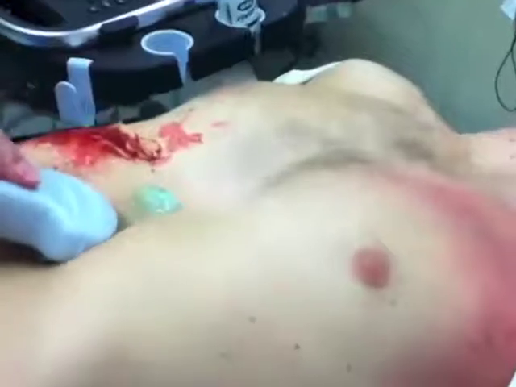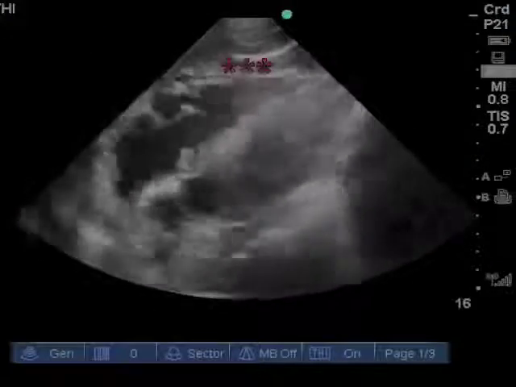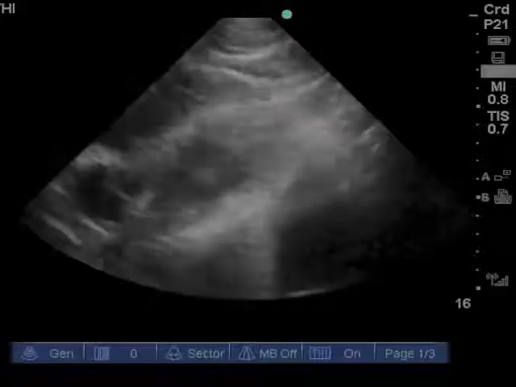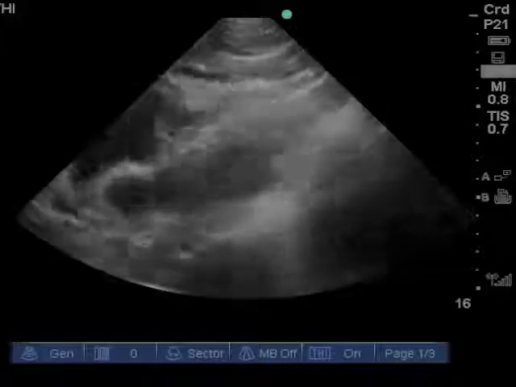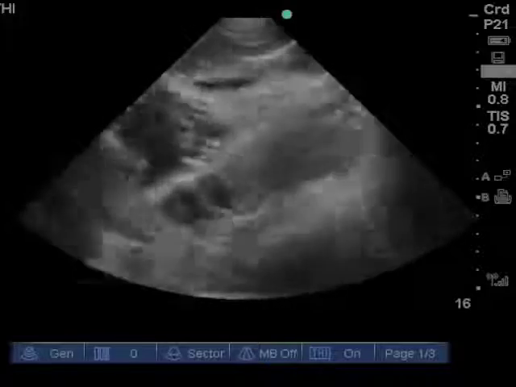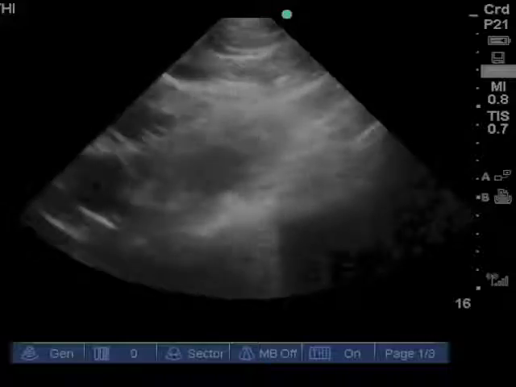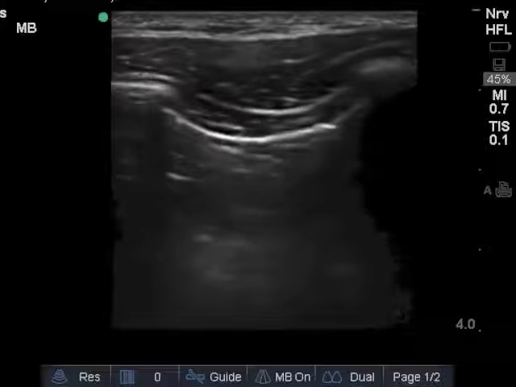Cardiac. There's a small stripe of black around the anterior edge of the heart. That's a pericardial effusion, probably hemopericardium. And I can see that his heart is working hard. To the right chest. Good lung sliding.